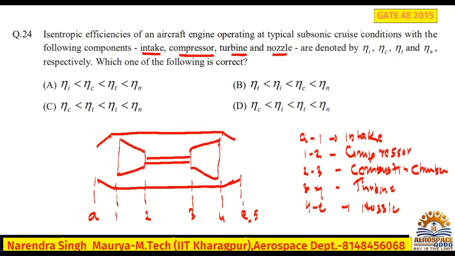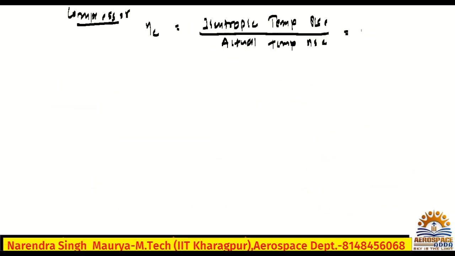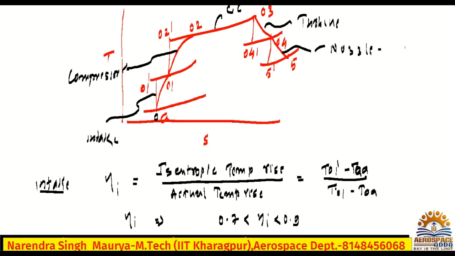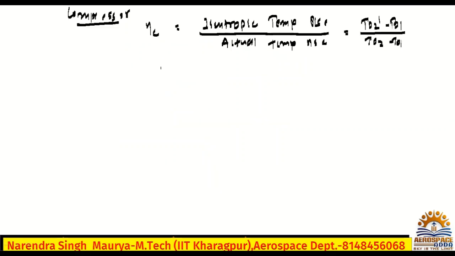It is nothing but T naught 2 dash minus T naught 1 divided by T naught 2 minus T naught 1. This is the efficiency. So this eta C also will have a range. What is the eta C? Eta C is less than 0.9 and greater than 0.85. This is the efficiency for the compression.